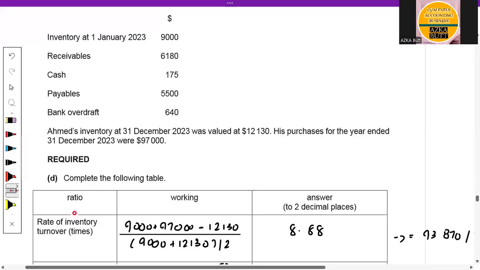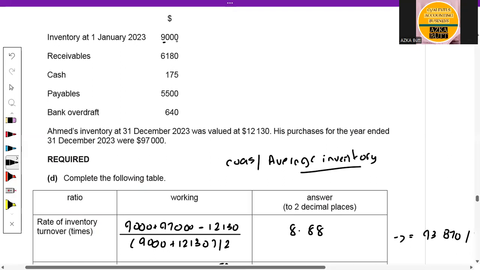For finding out the rate of inventory turnover, we use a formula: cost of goods sold divided by average inventory. This is the formula, cost of goods sold divided by average inventory.